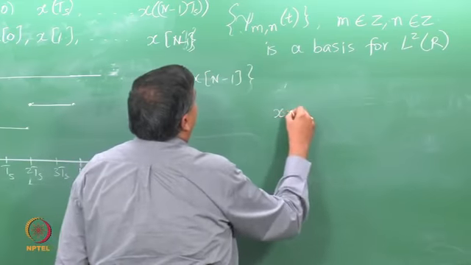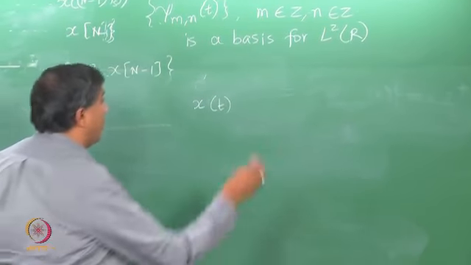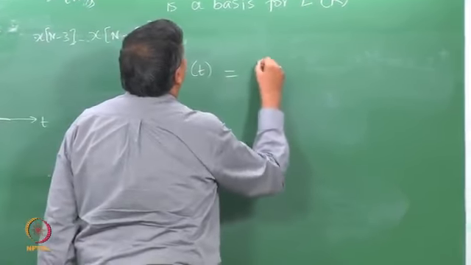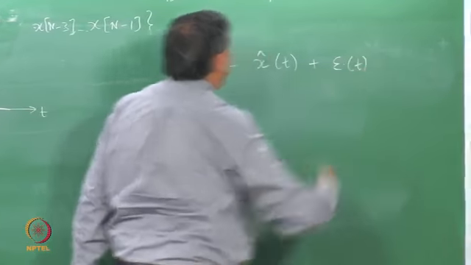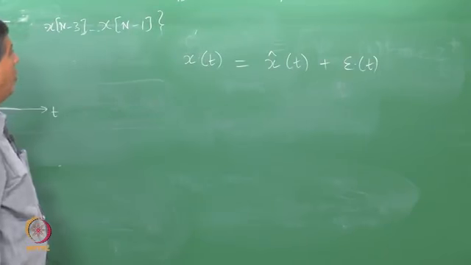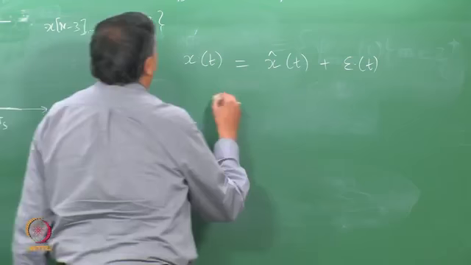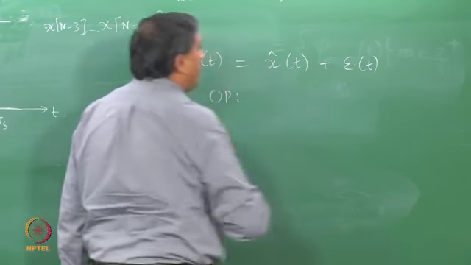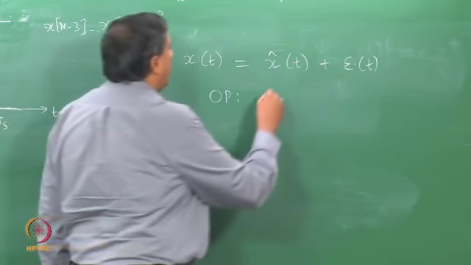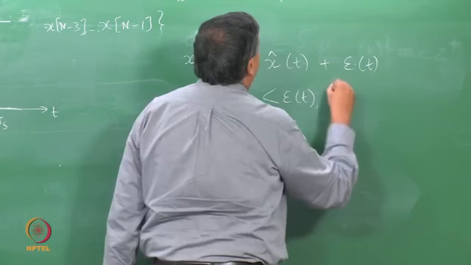So, I have x of t living in some subspace, some space V, and we are breaking this up into an approximation plus some error. All right. Orthogonal projection has this speciality we call orthogonal projection, OP. The main feature of the orthogonal projection is that the inner product between epsilon and x hat is 0.